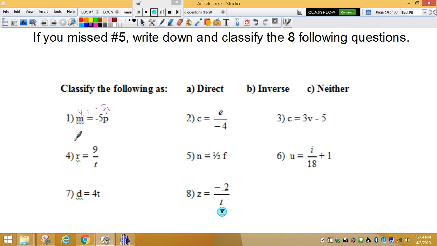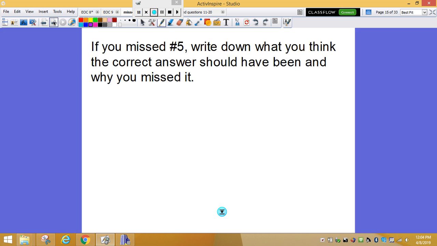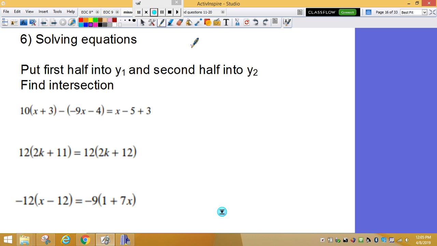This would be like writing y equals 9 divided by x. So go through, classify these 8 problems as direct, inverse, or neither. And if you missed number 5, write down what you think the correct answer should have been and why you missed it. If you missed number 6, you need to be watching this part of the video. I want you to pause it and write down everything on this slide.